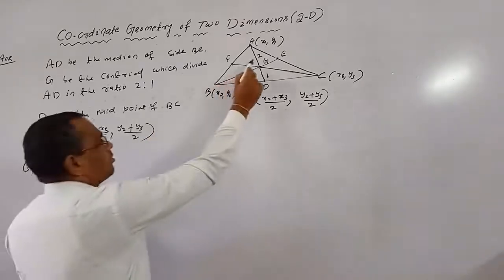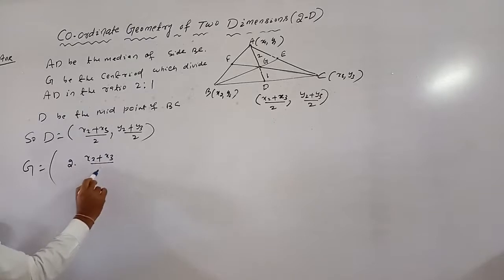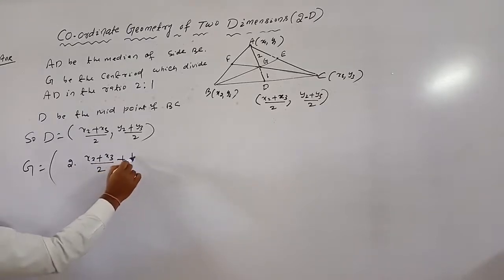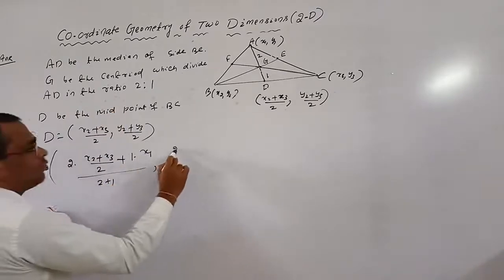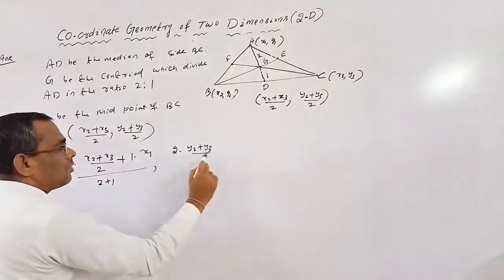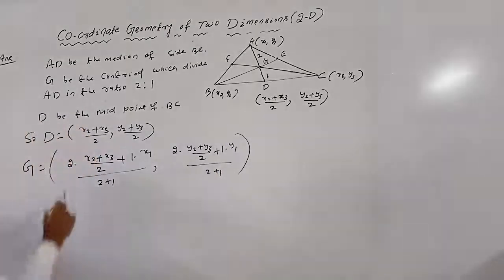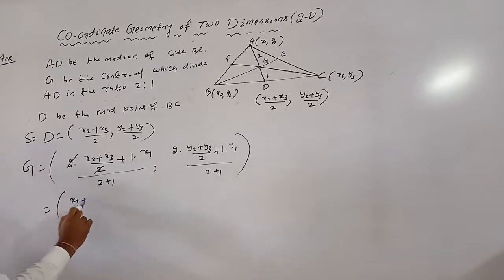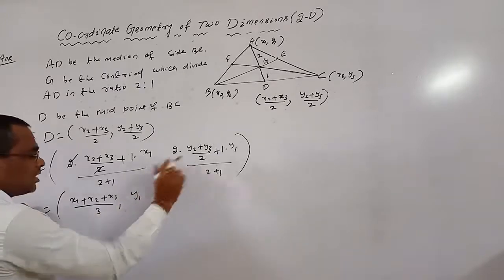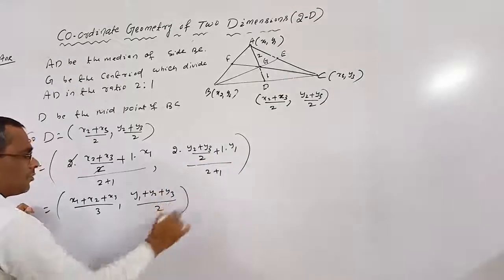So by applying the internal division formula, G equals (2 into (x2 plus x3) by 2 plus 1 into x1) by (2 plus 1), and (2 into (y2 plus y3) by 2 plus 1 into y1) by (2 plus 1). Now the 2 cancels, which is equal to (x1 plus x2 plus x3) by 3, and here also the 2 cancels, (y1 plus y2 plus y3) by 3.